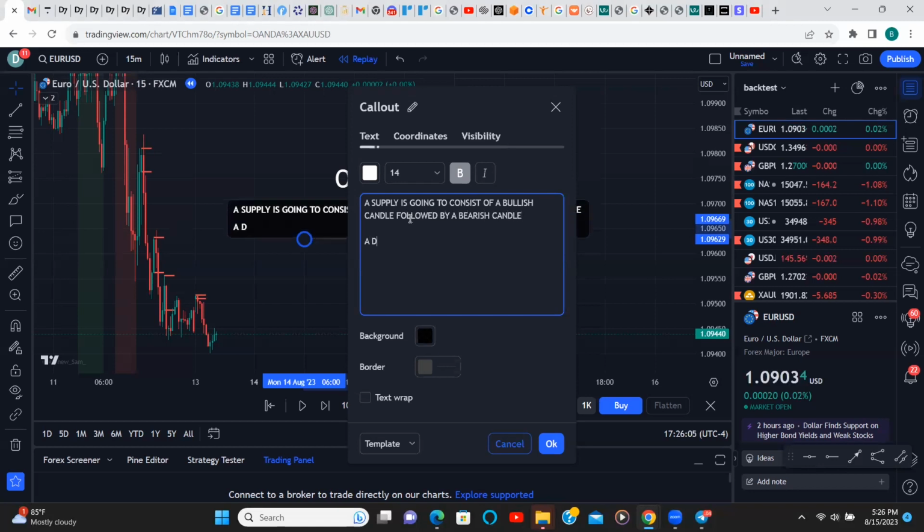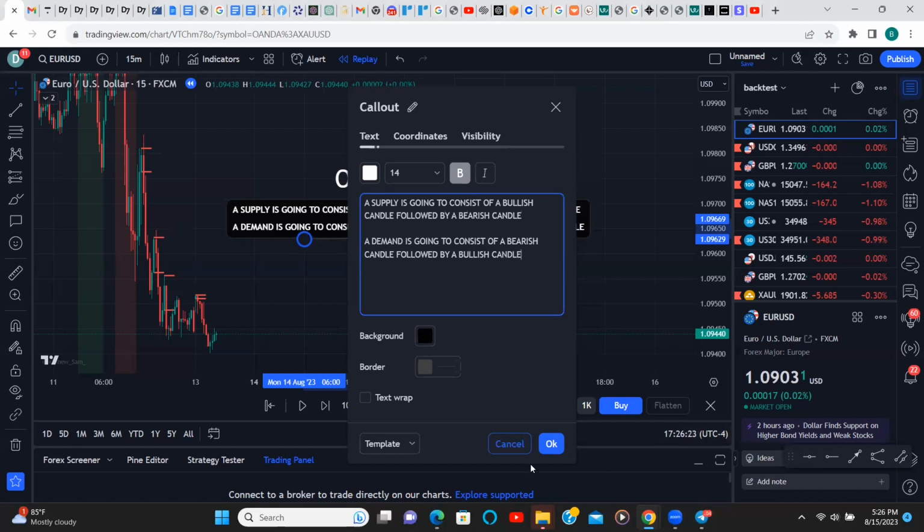And a demand setup is going to consist of a bearish candle followed by a bullish candle.